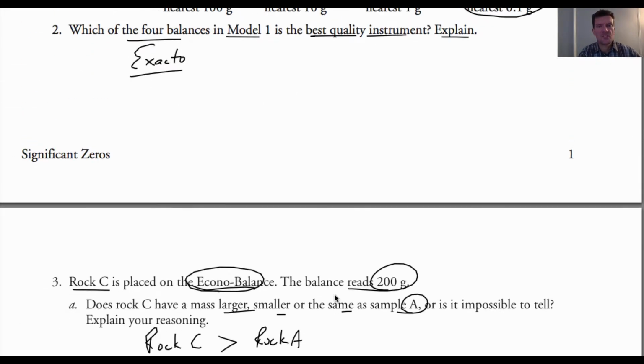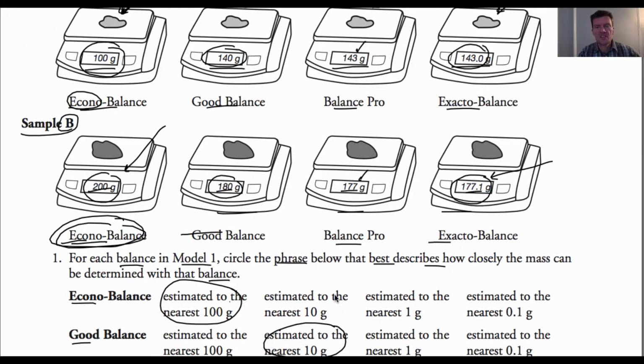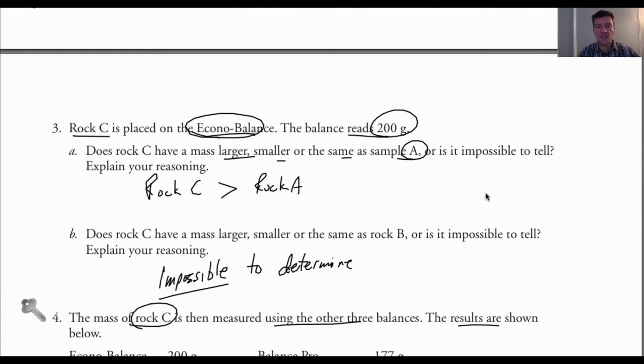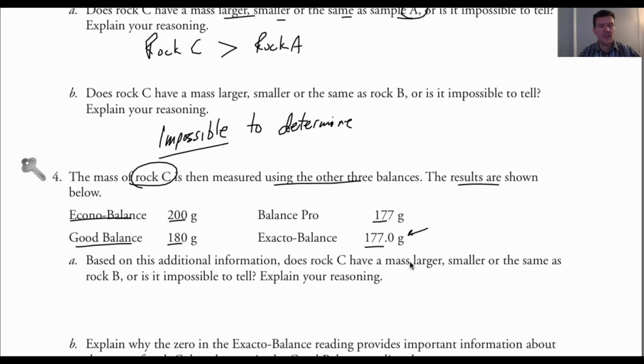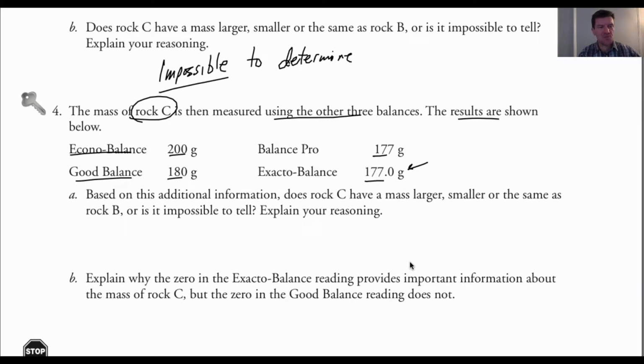Let's peek up here for a second. You'll notice the difference between rock B and rock C. With the exacto balance, rock B is 177.1, and now rock C is 177.0. Just pointing that out. We'll probably be using that in a little bit.